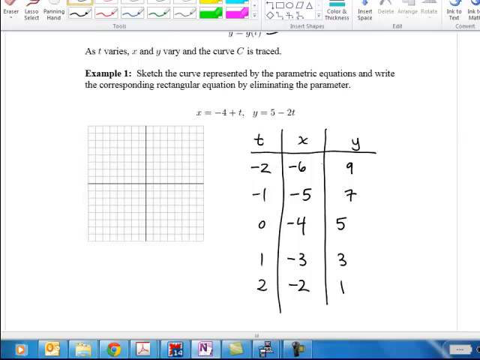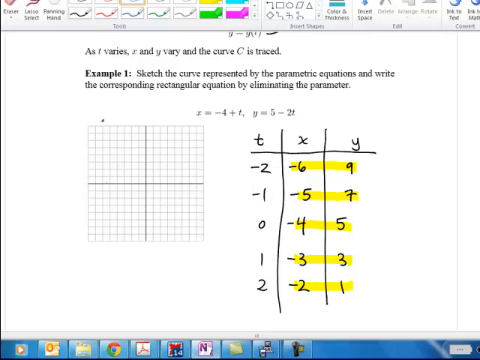So let's take a look at what this is going to look like. What we've got here are pairs of points in these two columns together, right? So -6, 9, and so on. Looks like this grid is 8 by 8, so this will be 1 off the grid.